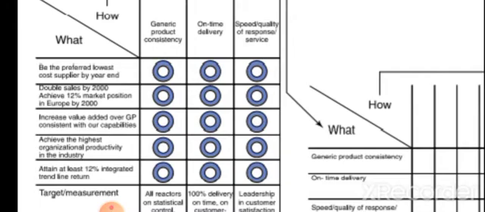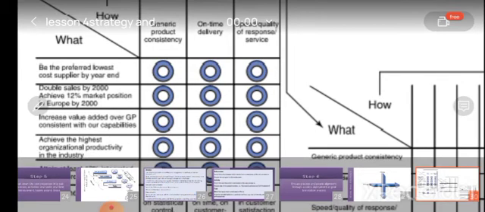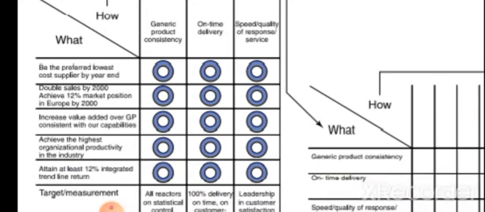Product consistency, on-time delivery, and speed or quality of response are the keys. These are the ways on how to achieve the goals.